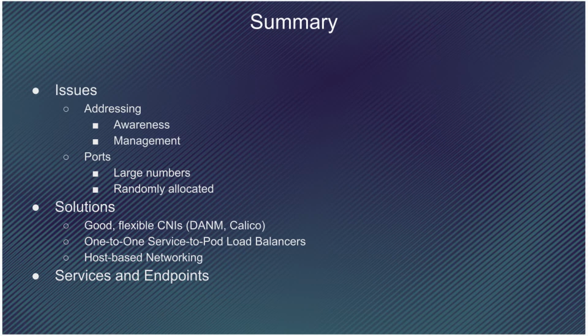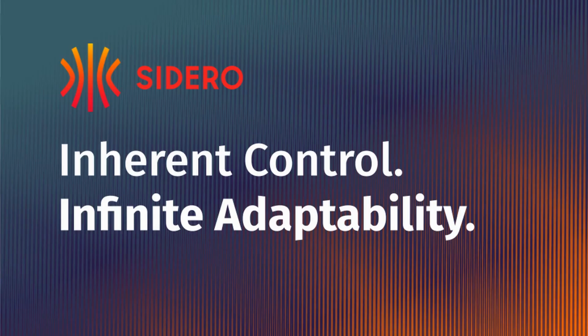We have solutions like using good and flexible CNIs, Cilium, Calico, whenever you can. You can use one-to-one service-to-pod load balancers, and host-based networking when all else fails. Services and endpoints: even if you can't use a service directly, the endpoints of a service point to the pod IPs which you can use.